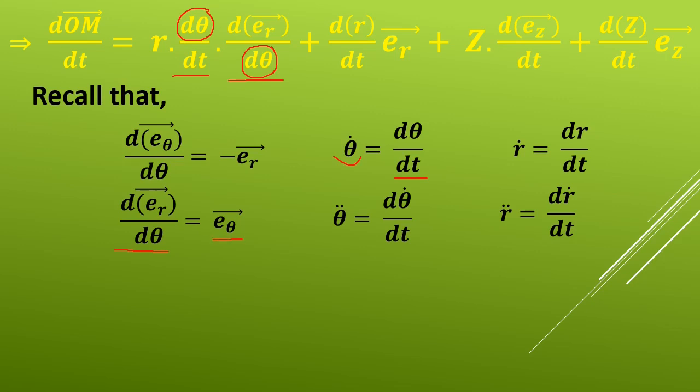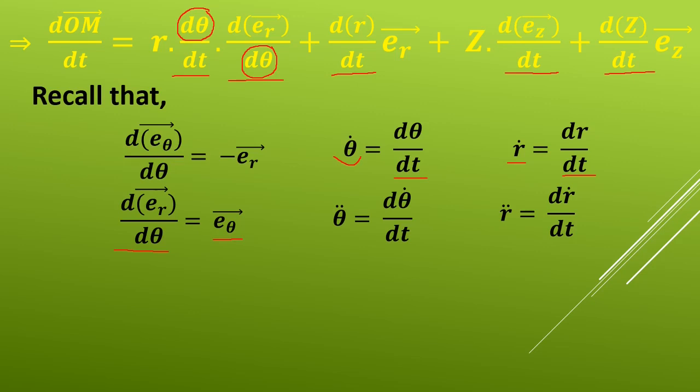And here we already had dr dt which corresponds to this dr dt and equals r dot, and here we already had de_z dt, of which you know that e_z is a constant and the differential of a constant with respect to time equals 0, and here dz dt, we already had that expression, and we know from Newton's dot notation that expression is equal to z dot.